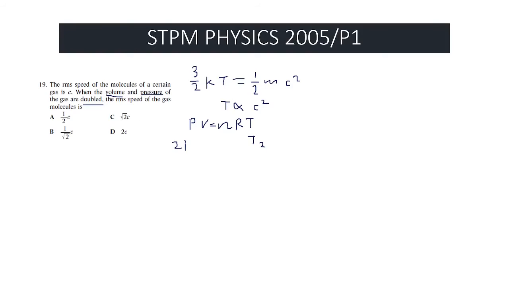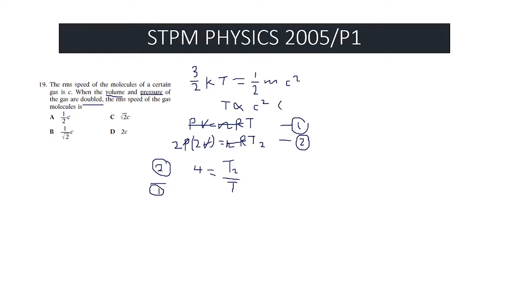So we have 2P and 2V equals nRT2. And let's say this is equation 2, we divide equation 2 by equation 1. You will get 4 equals T2 per T, and P and V, and nR can be cancelled out, and so this is the result.